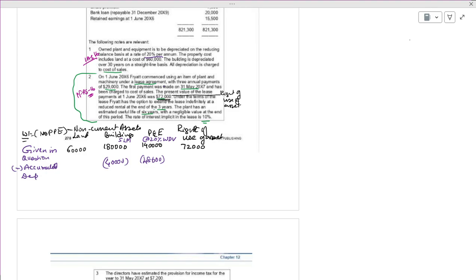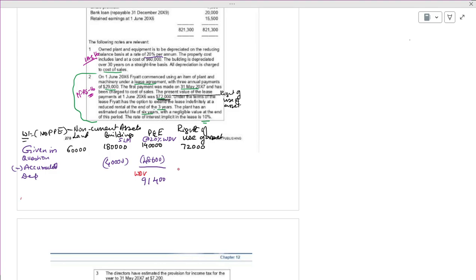Then you have to calculate the reducing balance value: 140 minus 48,600. How much will be there? 91,400. Check. Yes. Okay. This is the reducing balance value.